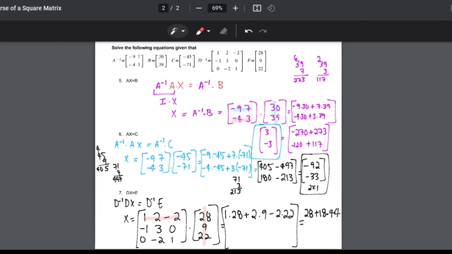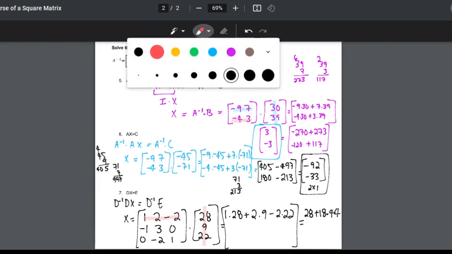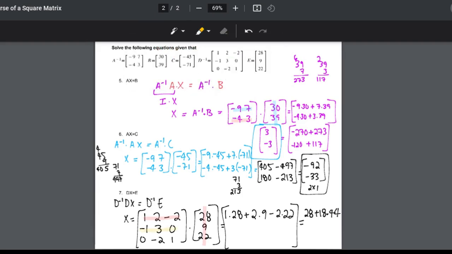And then for row 2, I need to take the negative 1, 3, and 0 and multiply it by the 28, 9, and 22. So that gives me negative 1 times 28 plus 3 times 9 plus 0 times 22. So that's going to give me negative 28 plus 27 plus 0.